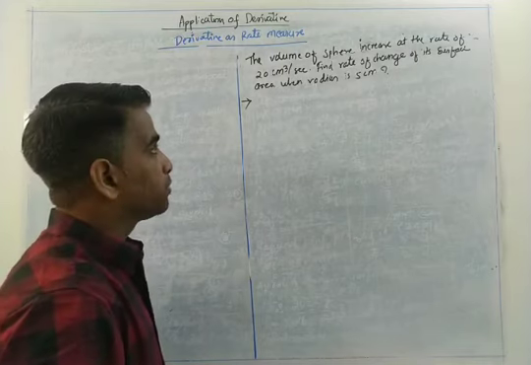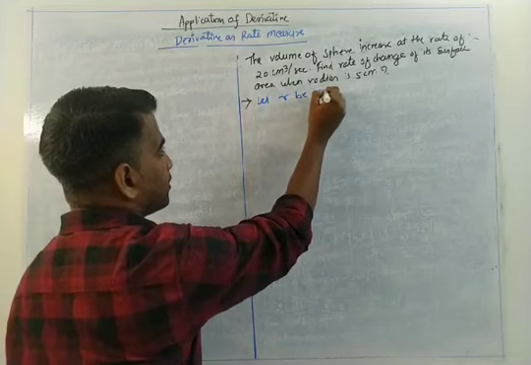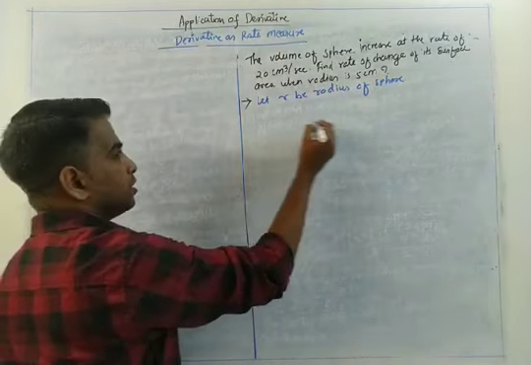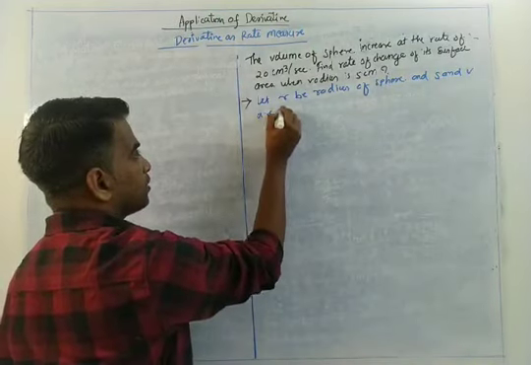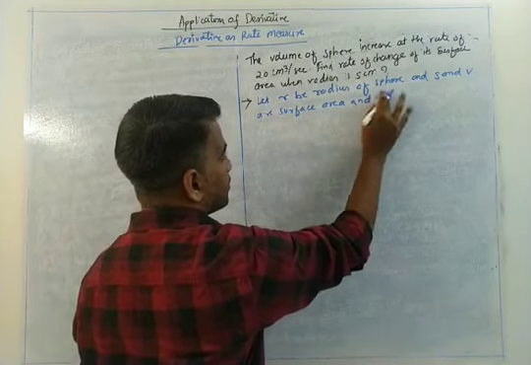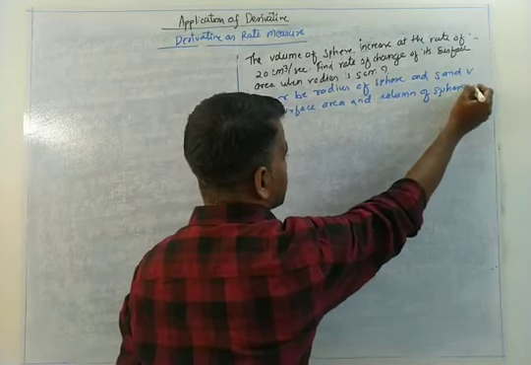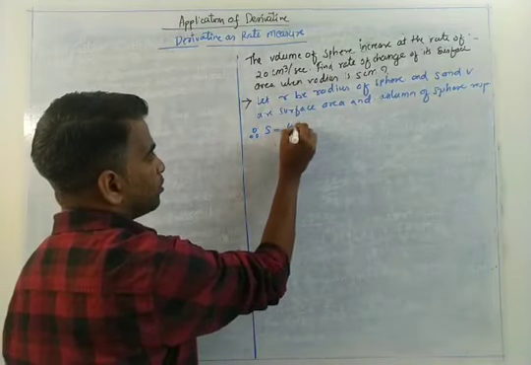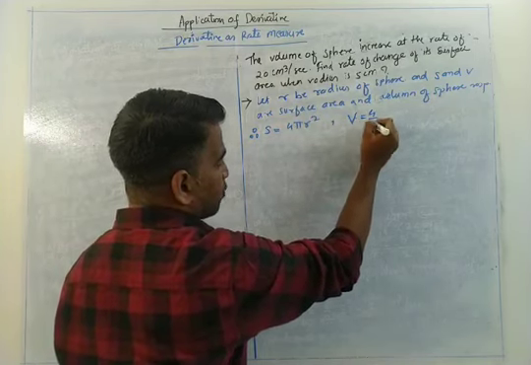So for a sphere, we know what the volume and the surface area are. So let's begin: let r be the radius of the sphere, and S and V are the surface area and volume of the sphere respectively. Okay, so therefore S is equal to 4 pi r square and V is equal to 4 by 3 pi r cube.